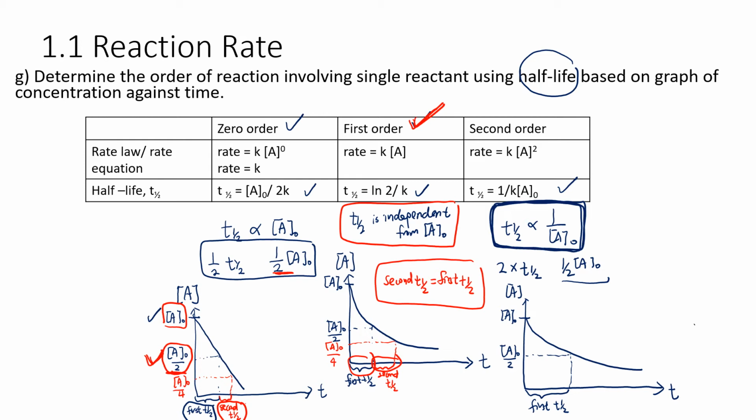For the second half-life, the initial concentration is half the initial concentration. So after the second half-life, it will become a quarter of the initial concentration. And the time taken is what we call the second half-life.